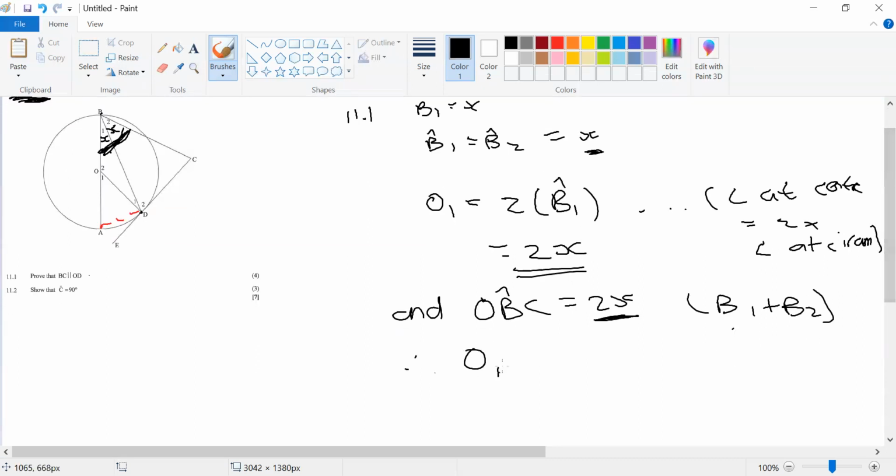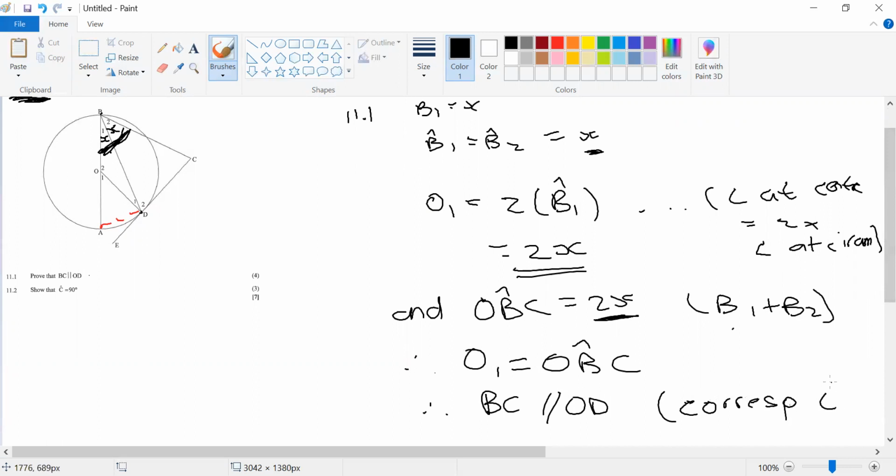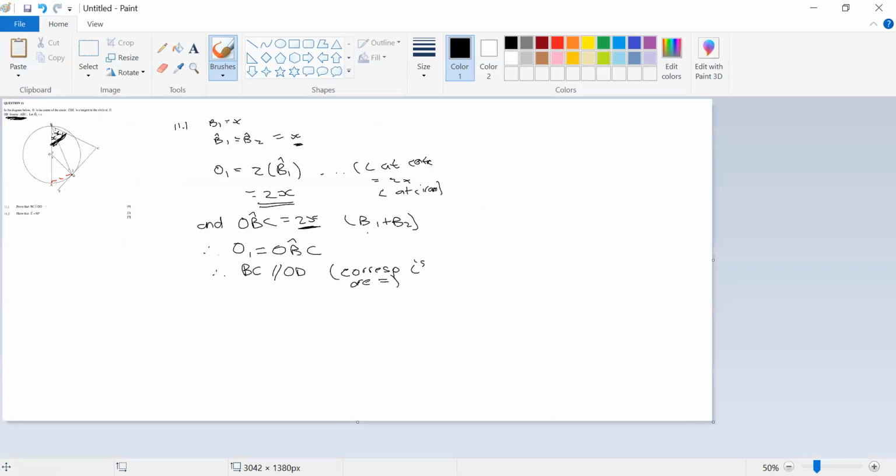Therefore, angle O1 is equal to angle OBC. And because this is true, BC is parallel to OD because we were able to prove that corresponding angles are equal. Is that okay?